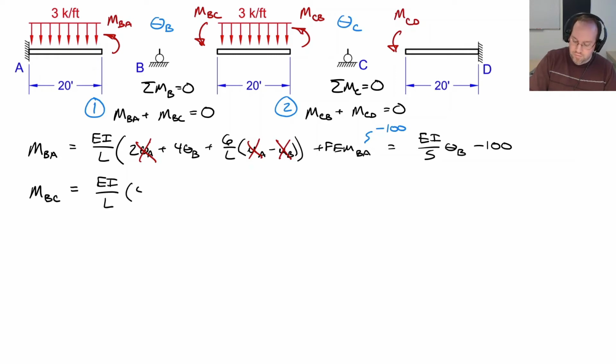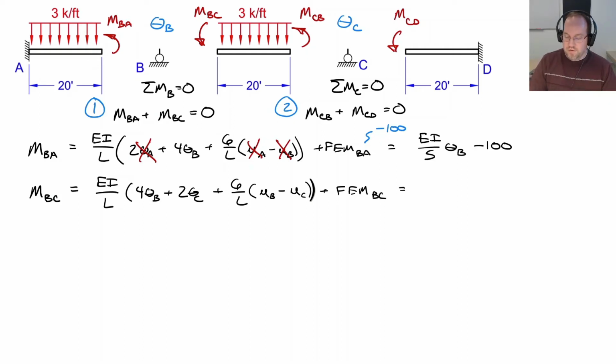So we'll have 4 times the rotation at B plus 2 times the rotation at C plus 6 over L times UB minus UC plus the fixed end moment BC. Fixed end moment is going to be positive 100 in this case. I have the same load, 3 kips per foot.